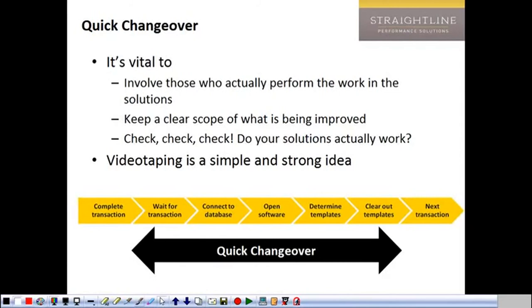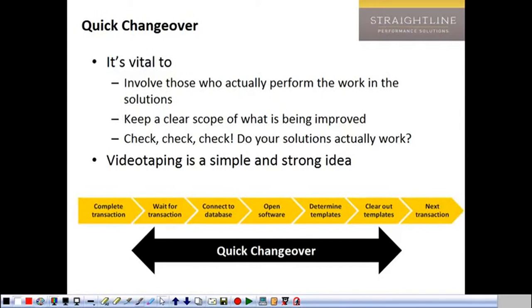This can yield very, very big dividends if you take this mentality that it's the delays between the process steps that you can really beat down and make a big difference in. If you do it, it's absolutely vital to involve the people who perform the work and to really understand what they need to do each task and what they need to prepare each task to get it ready. Keep a clear scope of what's really being improved.